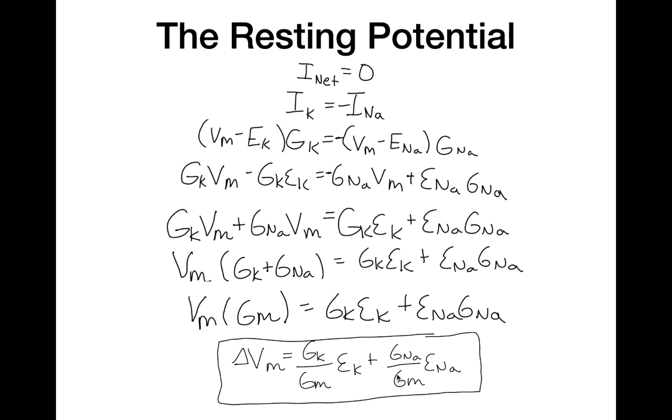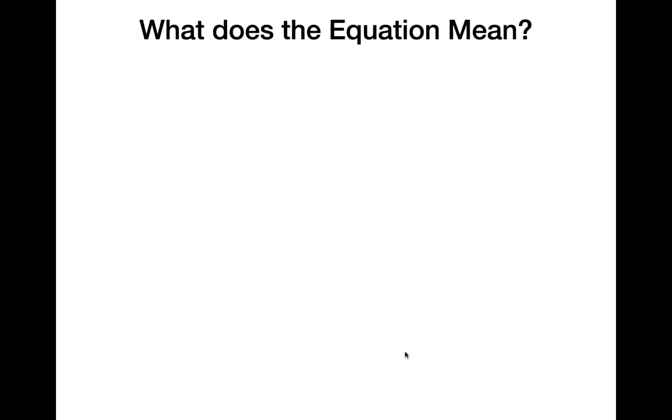And you can think of the relative conductance as how permeable the particular ion is to the cell relative to the total conductance of the cell. And the EK and ENa stand for the equilibrium potential of potassium and sodium. So what does this equation actually mean?